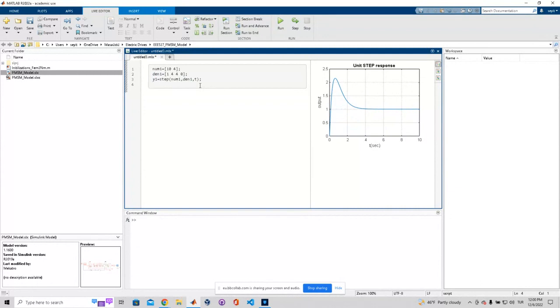Okay, now we're gonna plot it first. We're gonna take a step response of the system, and then we're gonna plot it, and then we're gonna take the ramp response of the system. For the time frame, for the first and the second, we're gonna plot the step response by the dash simply.